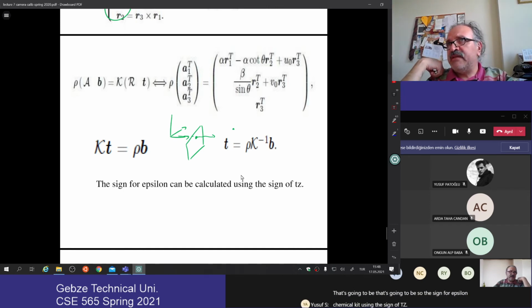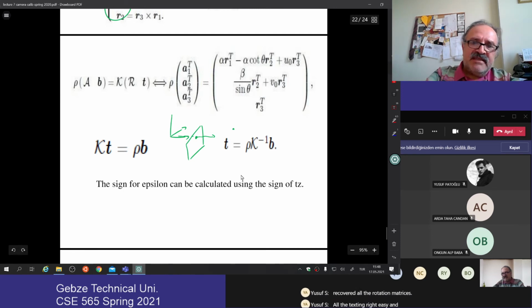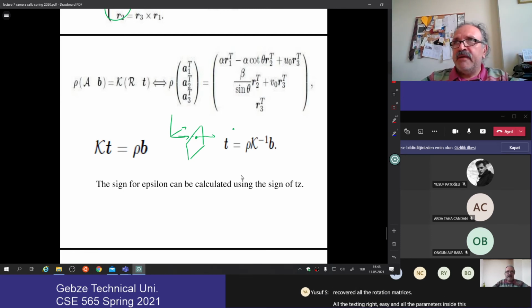So I recovered everything. I recovered all the rotation matrices, all the tx, ty, tz, and all the parameters inside this K. But that doesn't mean that the values that I found are perfect. I recovered the rotation matrix, but I don't know if that rotation matrix is orthogonal.